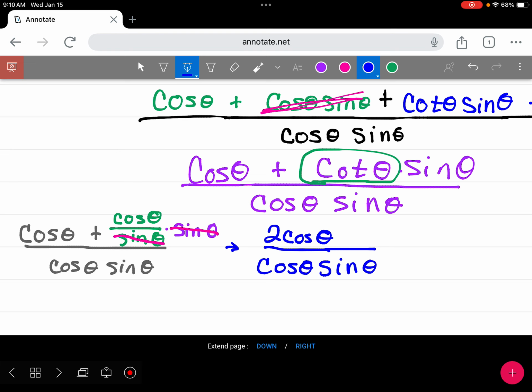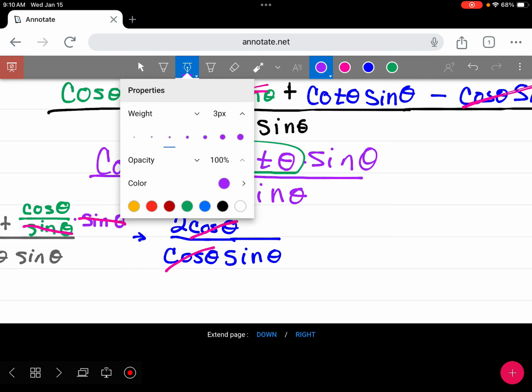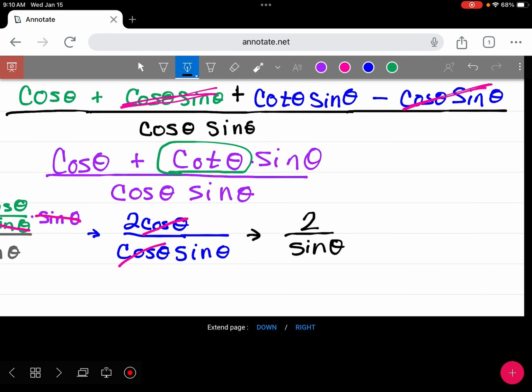We're almost there. What else happens? Our cosines are going to cancel out. Everything's being multiplied, so I can cancel top and bottom. That's going to leave me with 2 over sine of theta. But I'd really like us to not have something in the denominator. Can we get it to be... You're thinking rationalizing, which is close but not quite right.